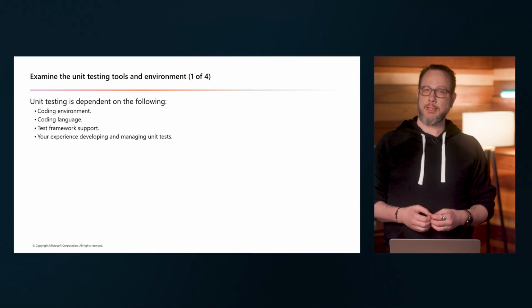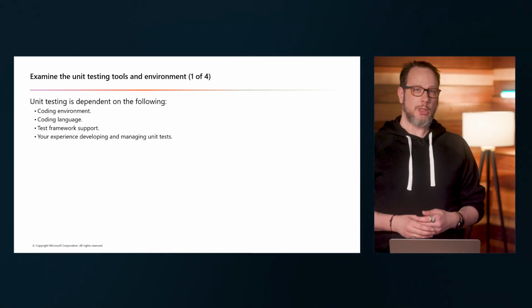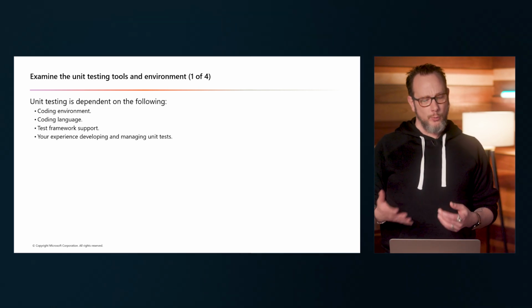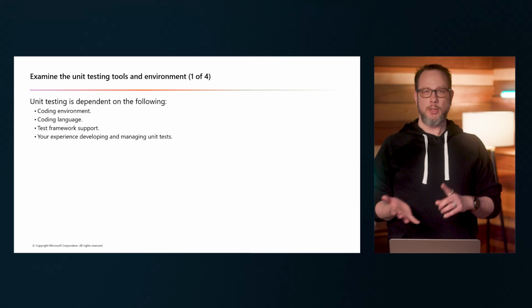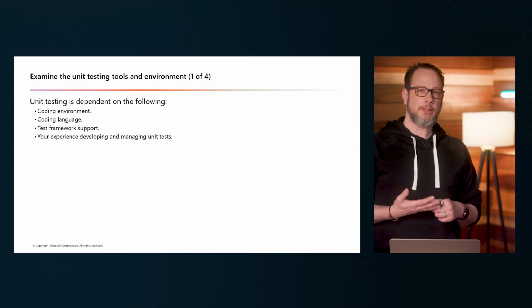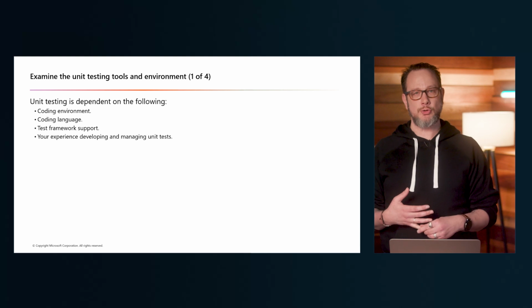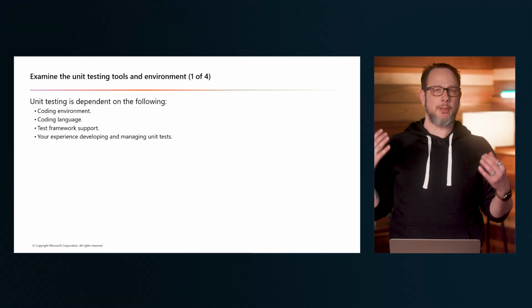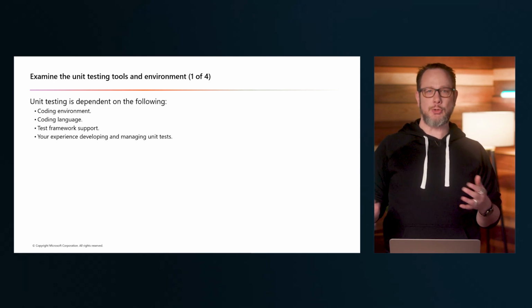On the other side, unit testing to me is also one of the more complex parts of writing code, building your application. Why? Because it really depends on your coding environment. I like to switch every now and then between Visual Studio and VS Code, and there's no, I would say, logic in Peter's brain to decide when to use what.